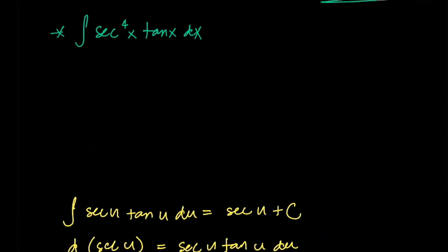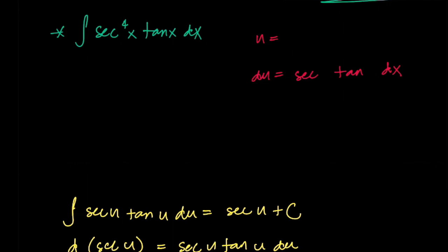Let's go again. Let's start again by asking what is u. We know that the derivative of secant u is secant u tangent u. So, our du should be in terms of secant u tangent u. So, our du should have secant and tangent dx.